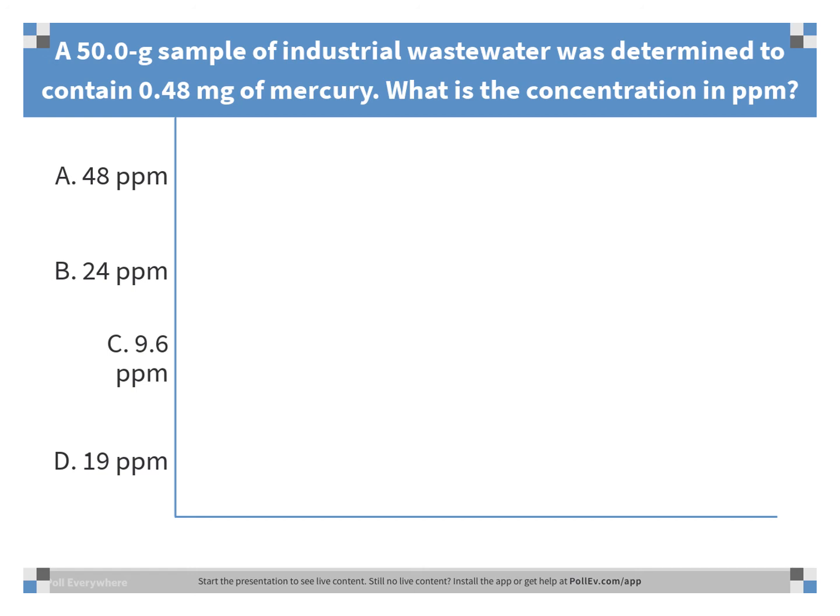So just like with our percent composition problems, they need to be in the same units. So we can either get the mercury into grams or our sample into milligrams. Once we get them into the same units, then we do the part divided by the whole, multiply by 10 to the 6th, and we come out with 9.6 parts per million.